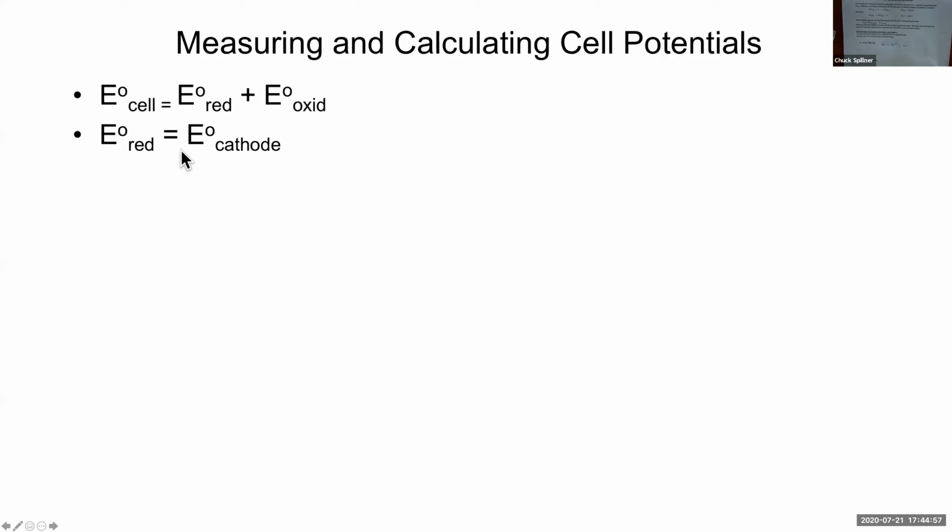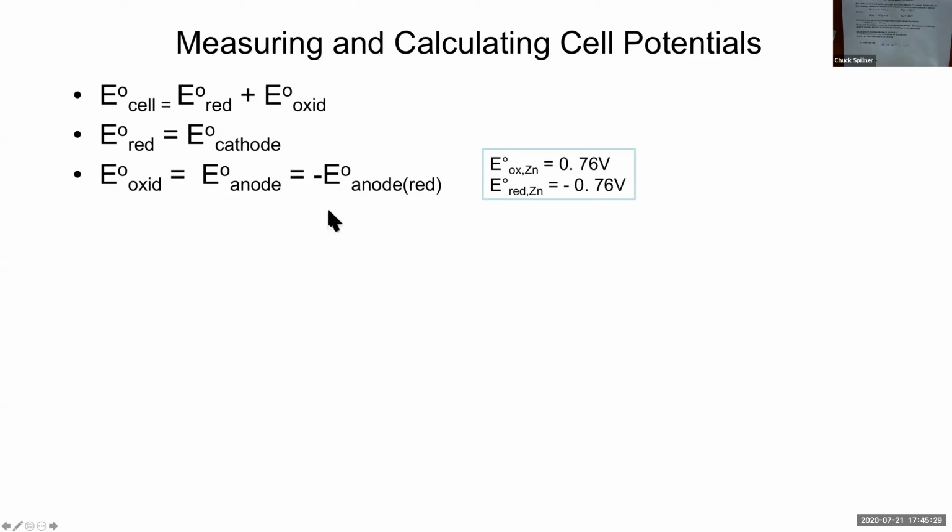We know reduction is occurring at the cathode, so we can write E0 cathode. We know that E oxidation is what's occurring at the anode, but it's the opposite, so it's minus the reduction potential of the reaction occurring at the anode. We can describe the potential at the anode in terms of reduction, but we just have to change the sign.